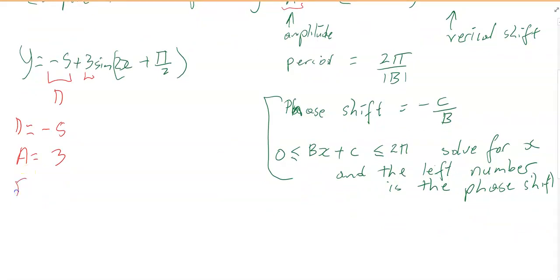We also want to find the period. The period is 2 pi over b. Here b is 2, so that's 2 pi over 2, which is equal to pi.